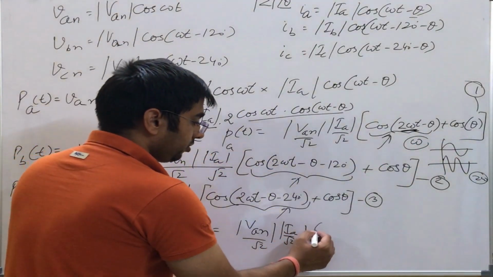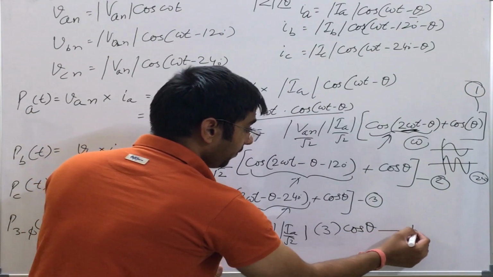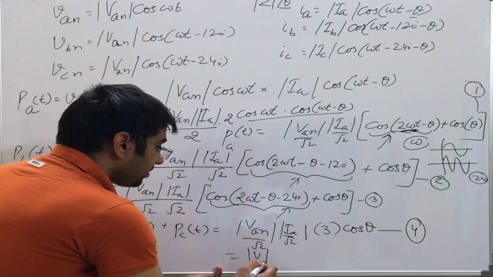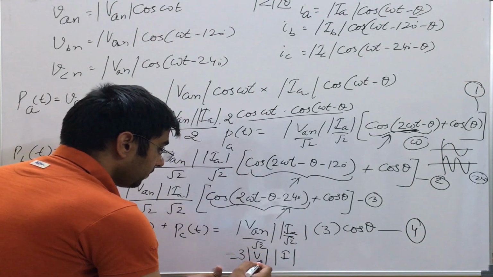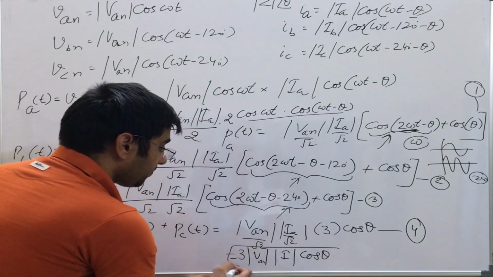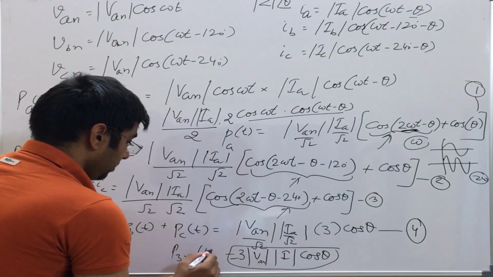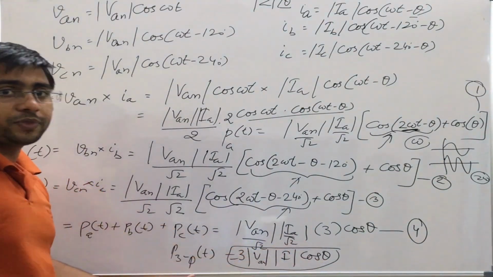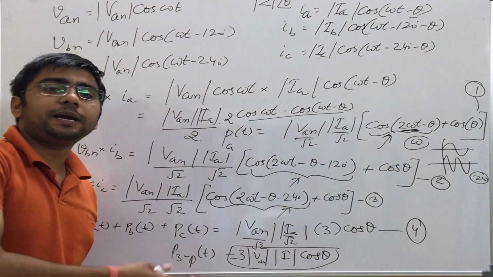It will be 3 cos theta. That is, VRMS, IRMS per phase into cos theta is the three-phase power. We see that the power is independent of time. It is a constant, and it depends only on the power factor or the impedance angle.